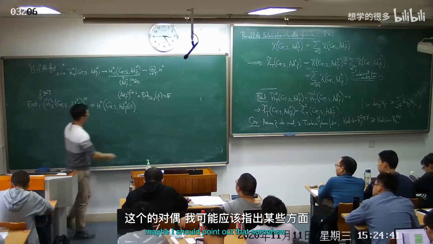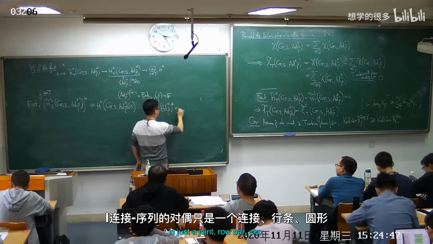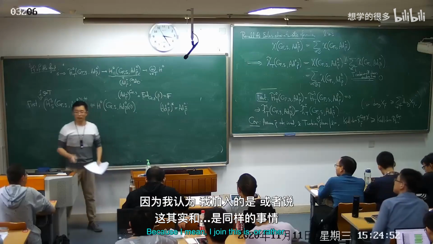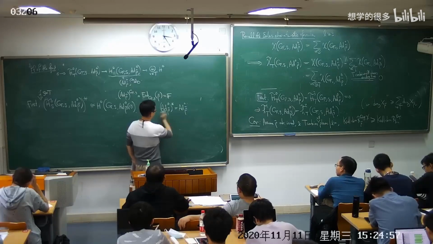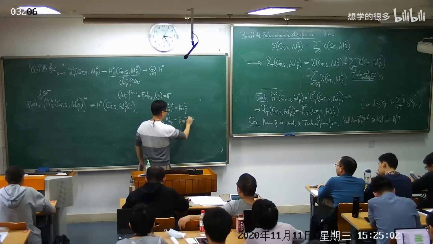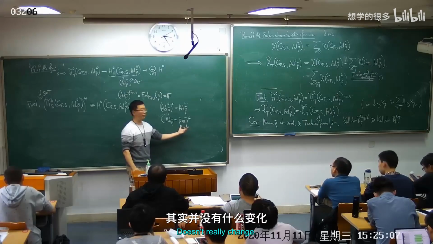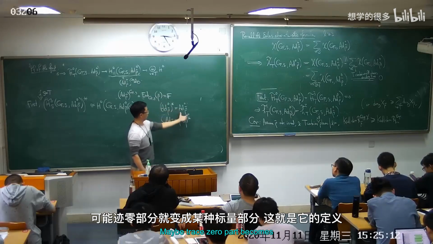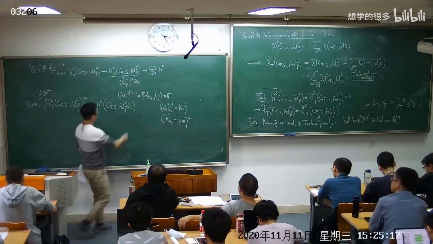The dual of this, maybe I should point out that the adjoint circ dual is just adjoint rho bar circ. It's self-dual because, maybe I prove it in the adjoint case, this is rho tensor rho dual by definition. If you do it again, swapping two factors doesn't really change anything. Of course, the trace-zero part becomes the scalar part, but it doesn't really matter.